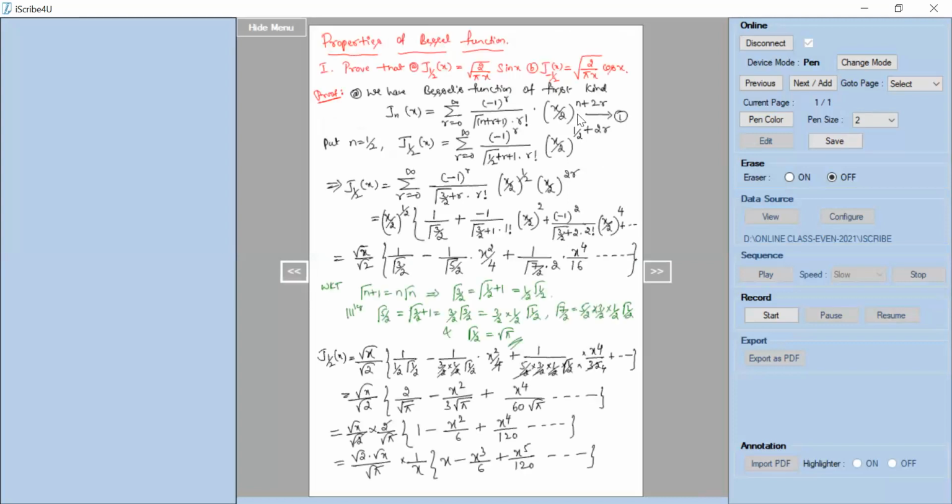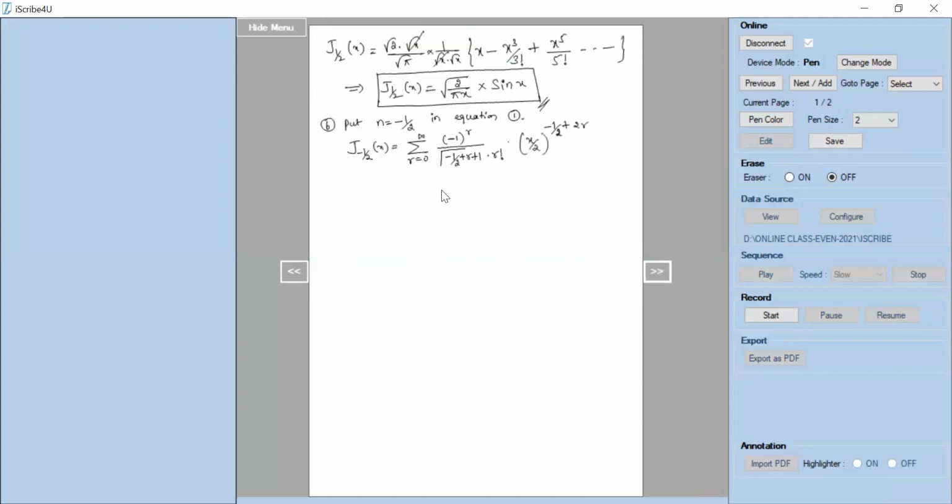So the n value was substituted. Now let us simplify this. Same procedure: I can split this as x by 2 power minus half into x by 2 power 2r. This is equal to sigma r is equal to 0 to infinity, minus 1 whole power r divided by the denominator. So it is gamma of minus half plus 1, so it is minus 0.5 plus 1, it is 0.5.